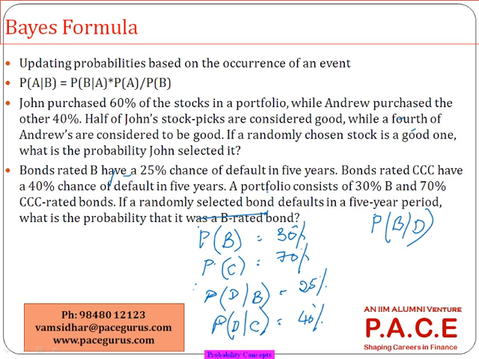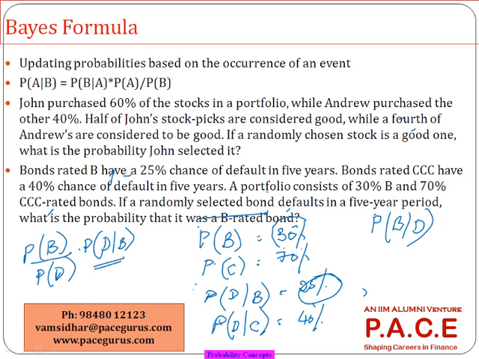So from that, what I can try out, P of B given D according to Bayes theorem is P of B by P of D into P of D given B. Okay, P of D given B is available to me. I can use it. P of B is also available. I can use it. Now, how do I get P of D?